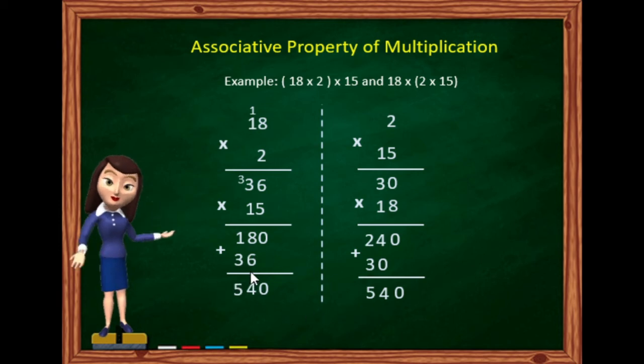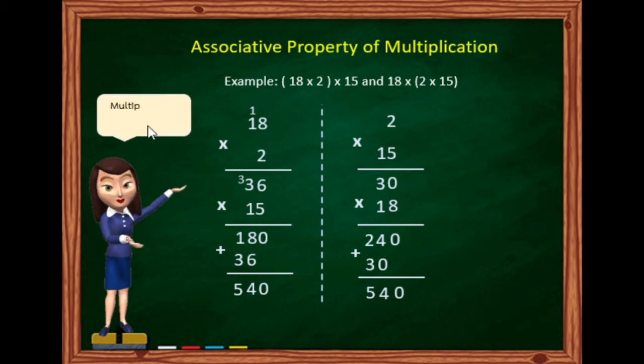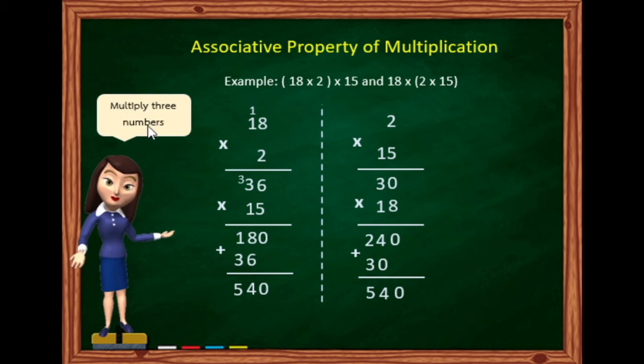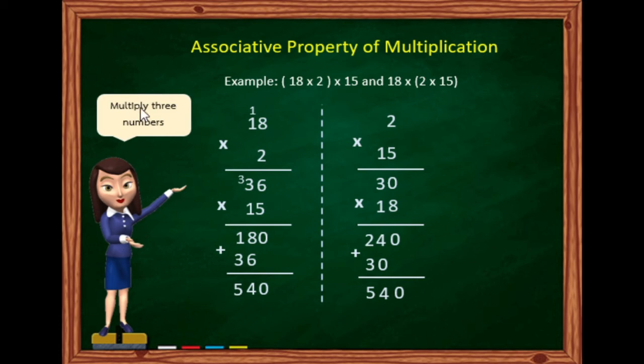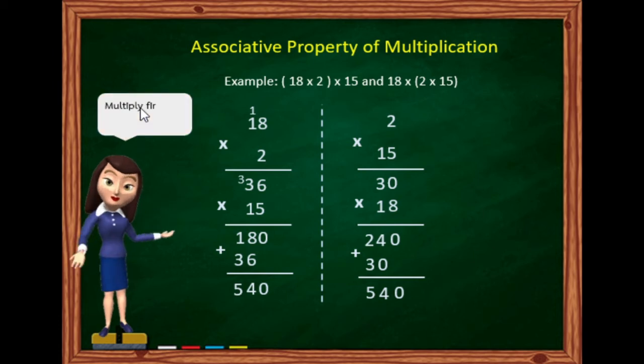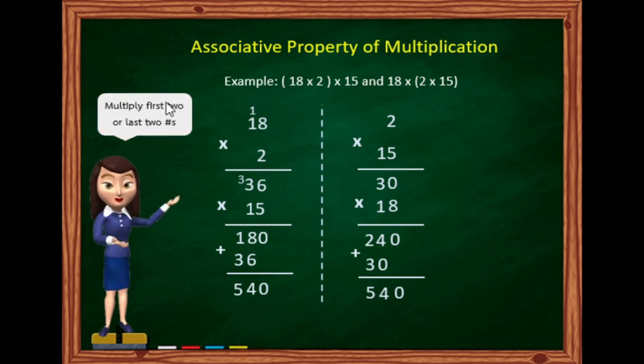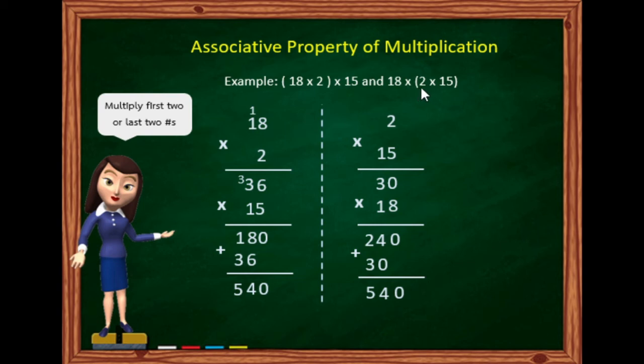And this is possible through the associative property of multiplication. This is multiplying 3 numbers. You can see 1, 2, 3. Multiply first 2, either 18 and 2, or the last 2, which is 2 and 15.